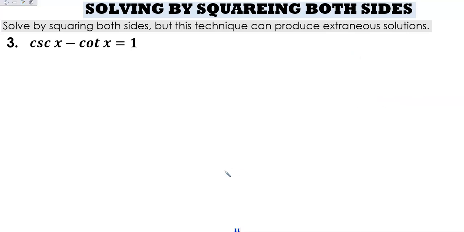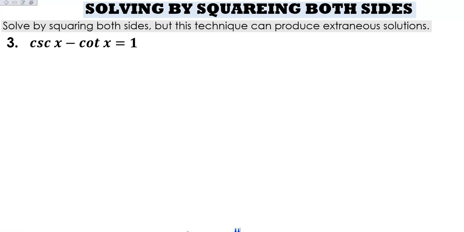Alright? So what we can do in this situation is, number one, notice that we have both cosecant and cotangent. And I do have a Pythagorean identity that includes both cosecant squared and cotangent squared. So what we're going to end up doing is squaring both sides to get us there.